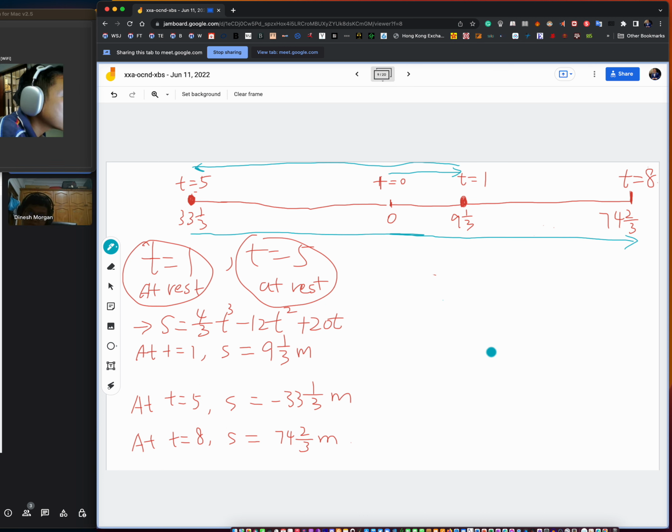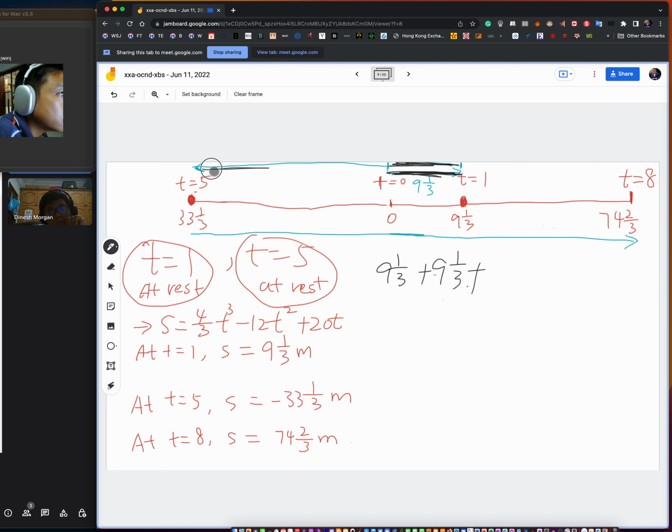Basically this is 9 and 1/3, and then it travels another 9 and 1/3, which is here. I use a different color. So 9 and 1/3 plus 9 and 1/3. And then it travels 33 and 1/3, and then comes to 33 and 1/3.